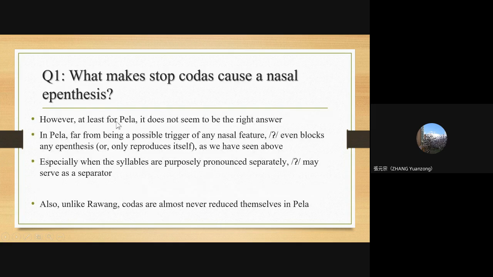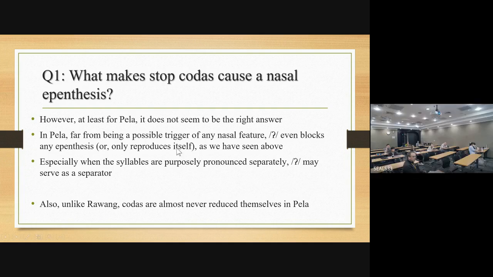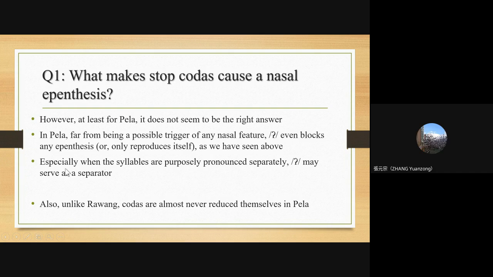However, at least for Pela, it does not seem to be the right answer. In Pela, the glottal stop, far from being a possible trigger of any nasal feature, even blocks any epenthesis, or only reproduces itself phonetically, as we have seen above. Especially when the syllables are purposely pronounced separately, it may serve as a separator.